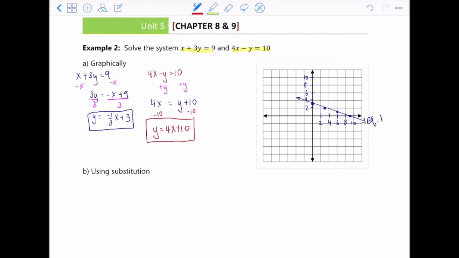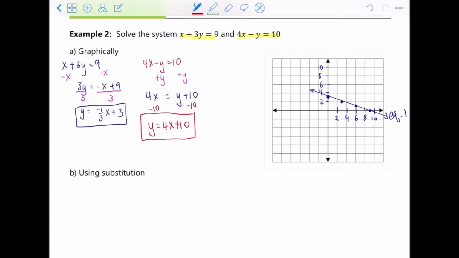And let's take a look at equation 2. The y-intercept is at 10. Is it at 10? Oh, minus 10. Okay, so not just 10. Right here, minus 10. And it goes up by 4, and then 1 to the right.